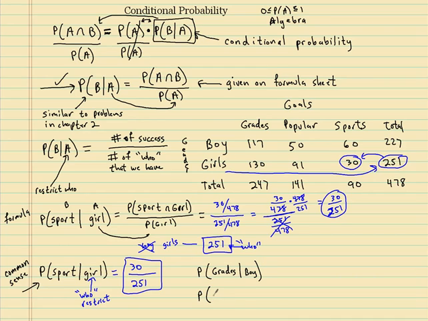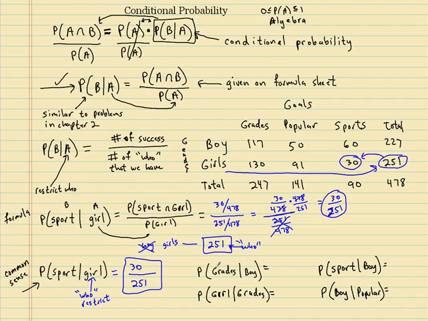What's the probability I want to go the other way. You're a girl given grades. What's the probability that you played a sport given you were a boy? What's the probability that you're a boy given you're popular? A few of these don't make sense. It makes sense the way that the first problem was written. Okay, so you should have this one.